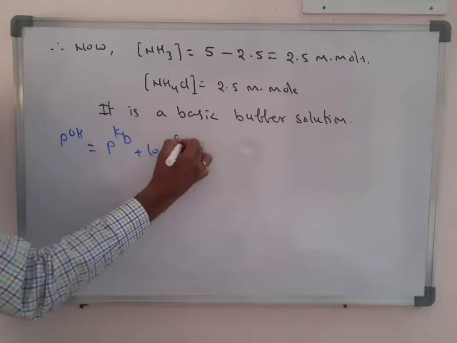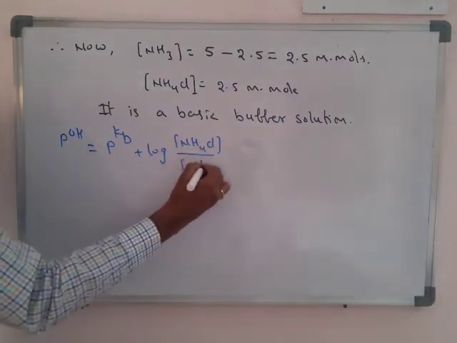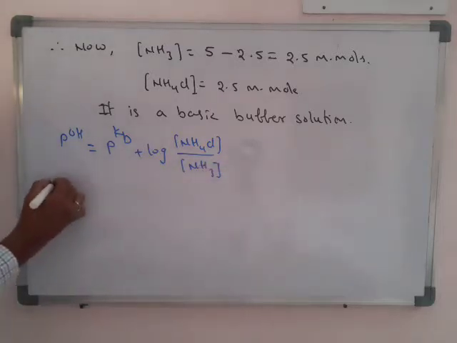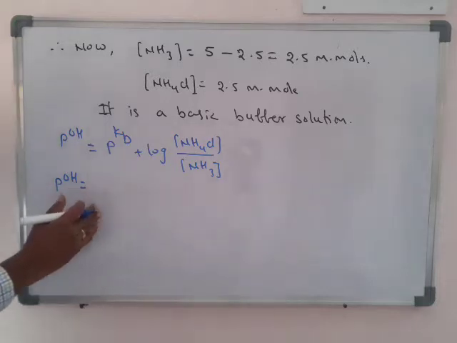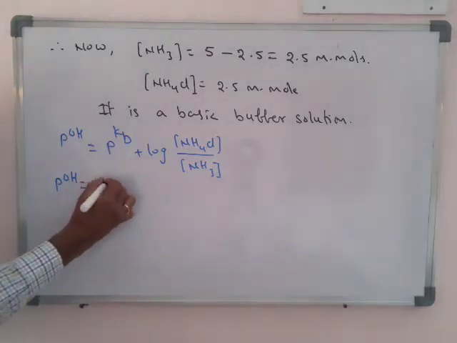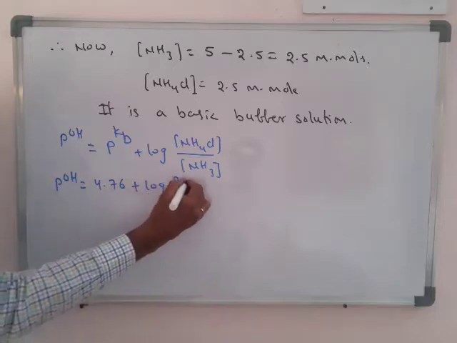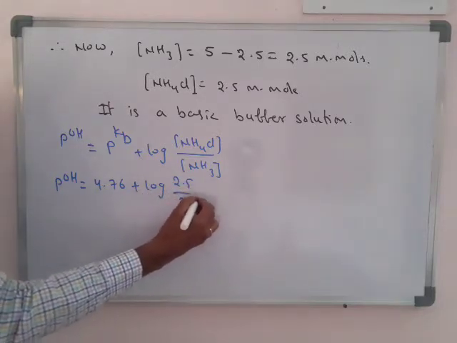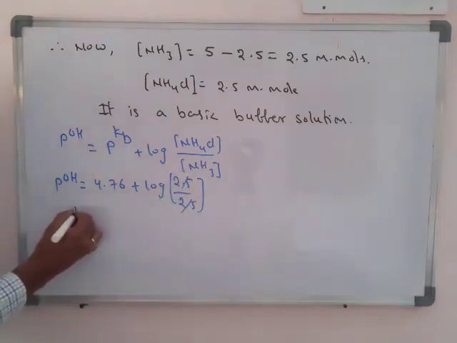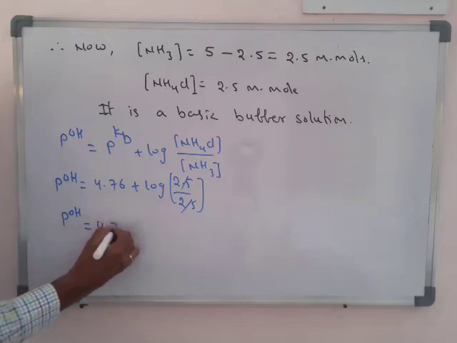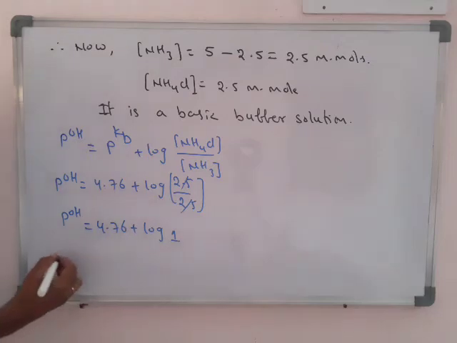so pKb plus log of salt by base concentration. What is the pKb? pKb is given in the problem. This 4.76 is given, plus log of 2.5 by 2.5, it becomes log 1. We know that log 1 value is 0.